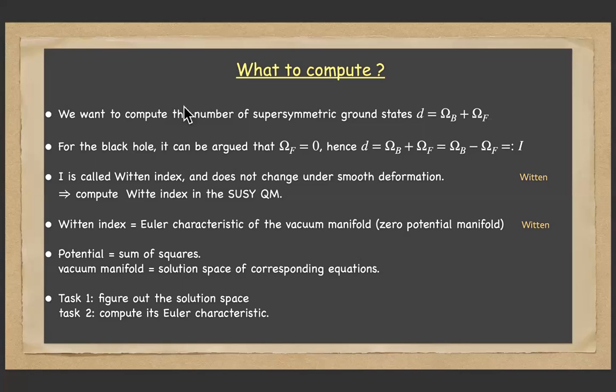This is important because, as I was responding to a question, the big difference between the black hole side and the D brane side is that we have changed the Newton's constant a lot. It's significant in the black hole part and insignificant in the D brane side of the story. So what should not change is the index. But since the index was the same as the degeneracy to start with, it suffices to compute the index in the D brane picture.